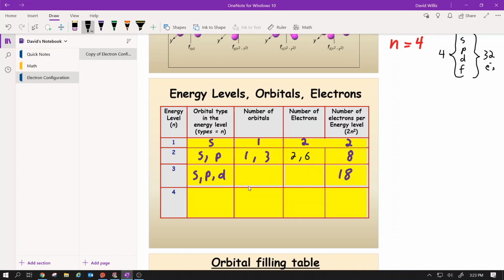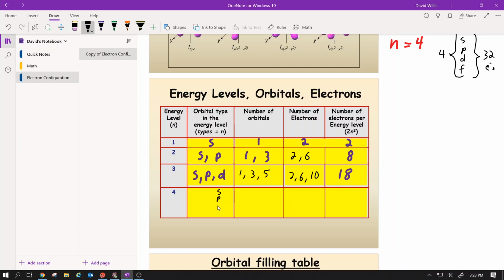So the S, there's 1 orbital. The P has 3. The D has 5, for a grand total of 2, 6, and 10, for a total of 18.